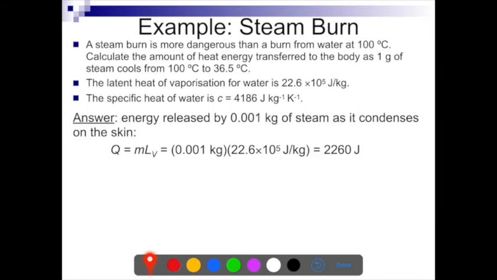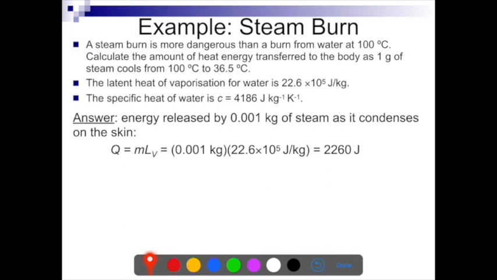Okay, so first, let's calculate the energy released by 1 gram of steam. Okay. 1 gram is 0.001 kilograms of steam as it condenses to water on the skin. So steam is undergoing a phase change because it's going from gas phase to liquid phase.